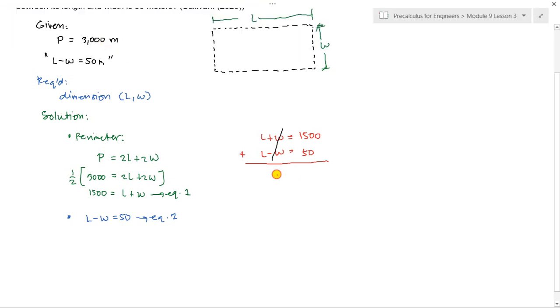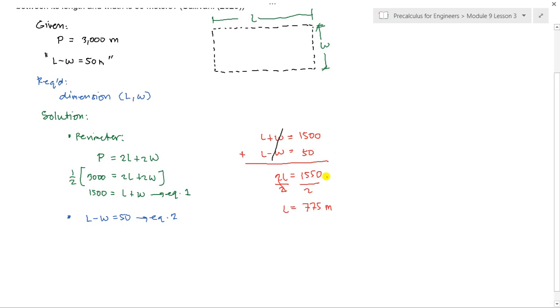So what's left is we have here 2 length is equals to, i-add ni mo ni, so 1,550. Divide both sides by 2. So the length here is 1,550 divided by 2. That is 775 meters. So this is our length.